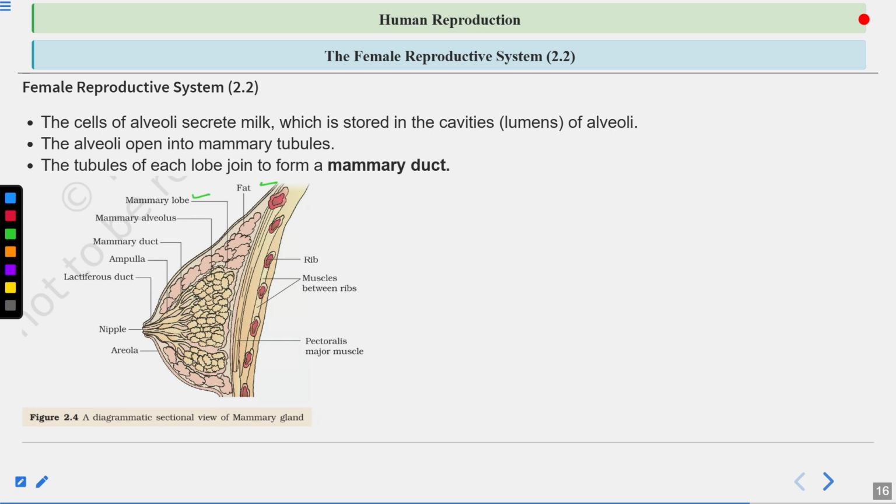The mammary lobe consists of clusters of cells known as alveoli. Cells of the alveoli secrete milk, which is stored in the cavities of the alveoli. Then alveoli open into mammary tubules, and the tubules of each lobe join to form the mammary duct here. This is the mammary duct. Clear?